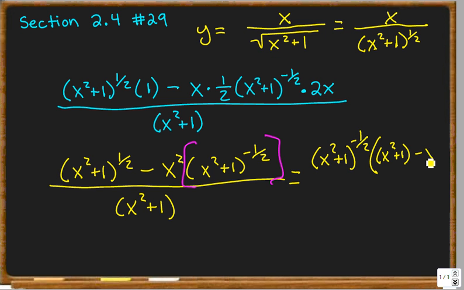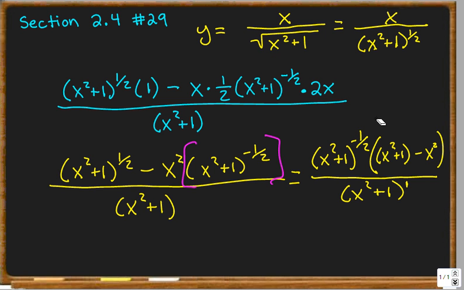So minus x squared, and then this is going to be divided by x squared plus 1. Now on this next slide, I'm going to show that this down here is x squared plus 1 to the first. Up here on the top, this is x squared plus 1 to the negative 1/2.